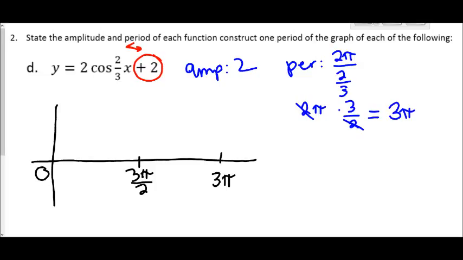Halfway in between 0 and 3 pi over 2, to take half, you just multiply the denominator by 2. So we will have 3 pi over 4, no simplifying necessary.